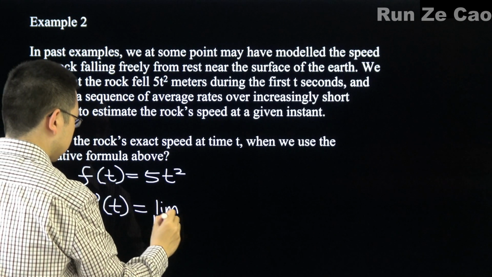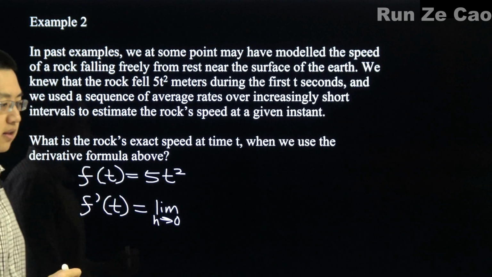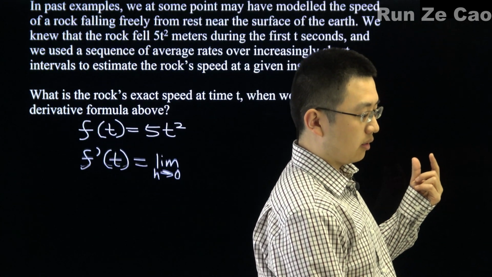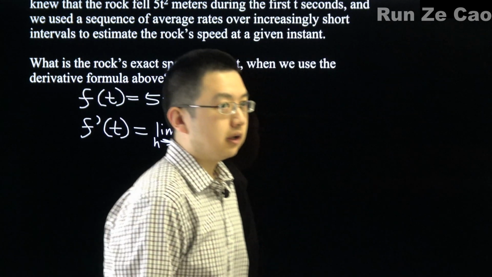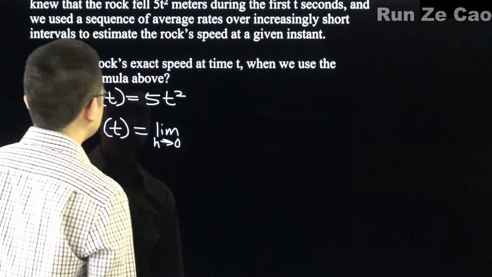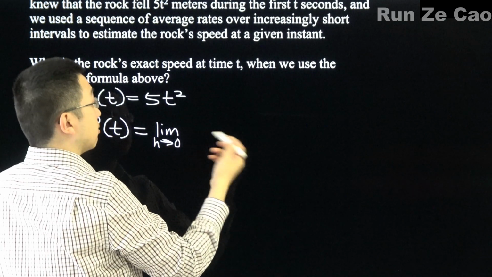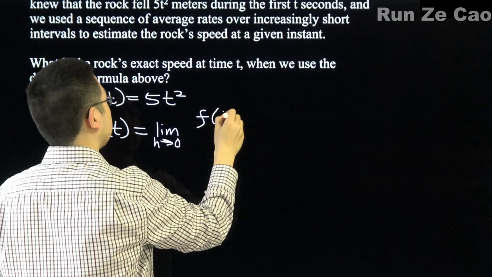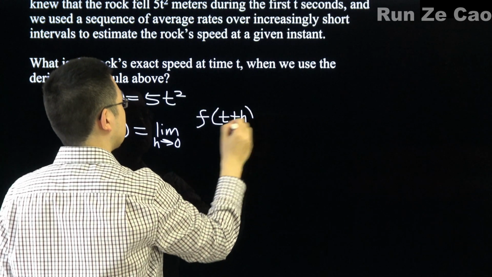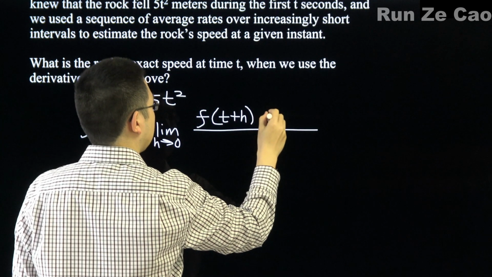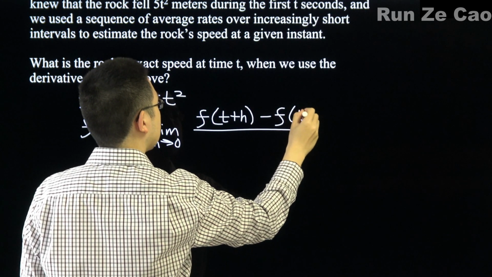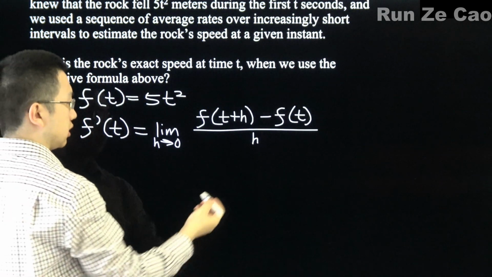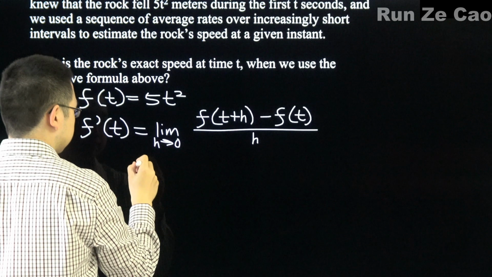limit as h approaches 0. Now, different places use different letters here for the tiny little distance between t0 and t0 plus h, or t and t plus h. So we'd have f of t plus h minus f of t, and this is over, well, t plus h minus t, which is h. Okay.